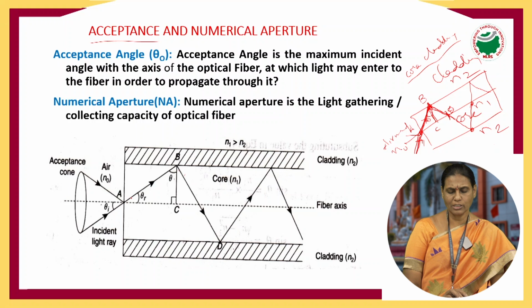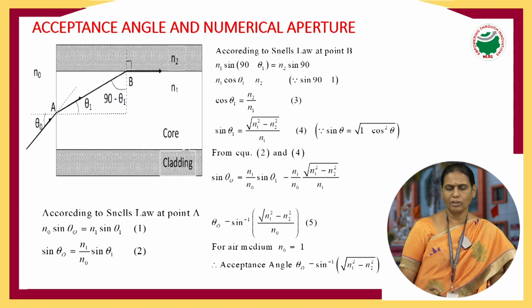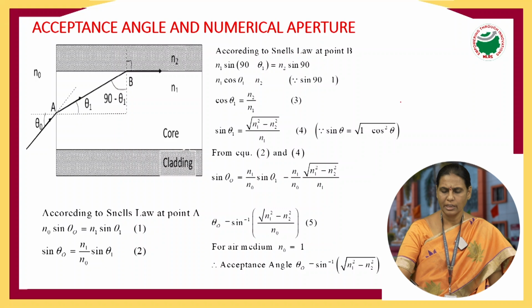Now, you can write the equation for sine theta, so you can write it for theta r. According to Snell's law, that is n1 sine of 90 minus theta 1 is equal to n2 sine 90.